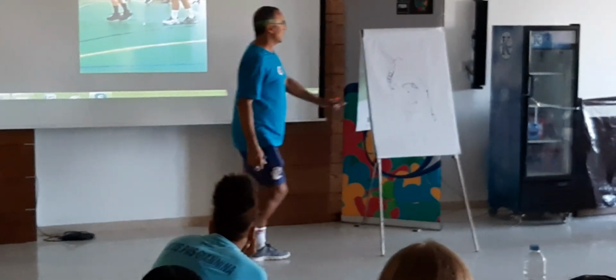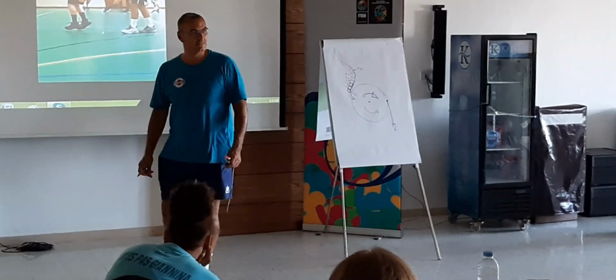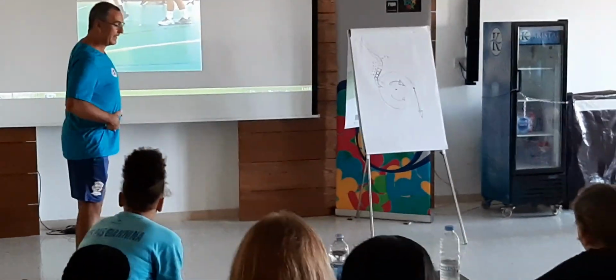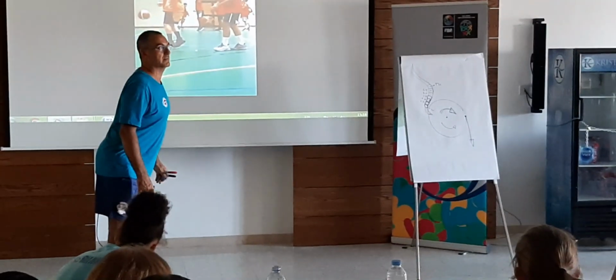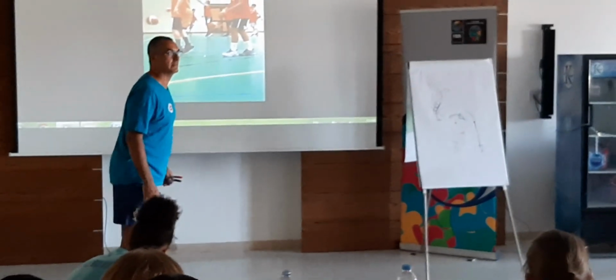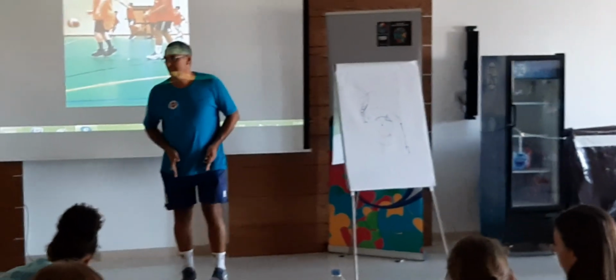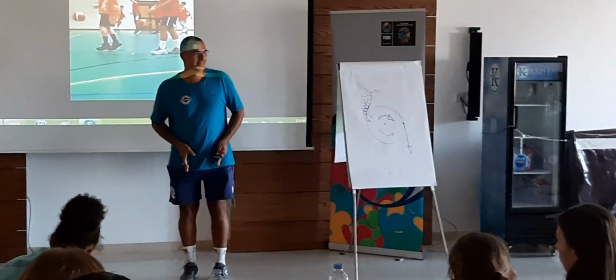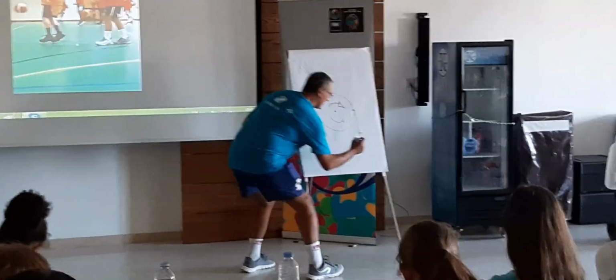How do we call these muscles? Which is the muscle that from the pelvis goes front and down, and pulls our pelvis in anteversion? Which is its name? We have psoas. Absolutely.